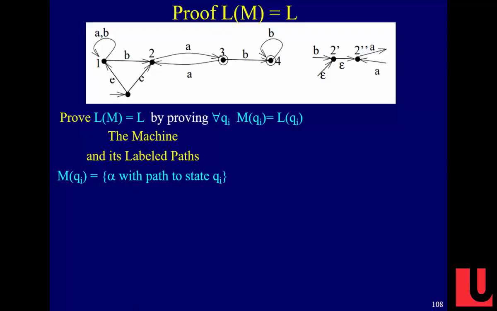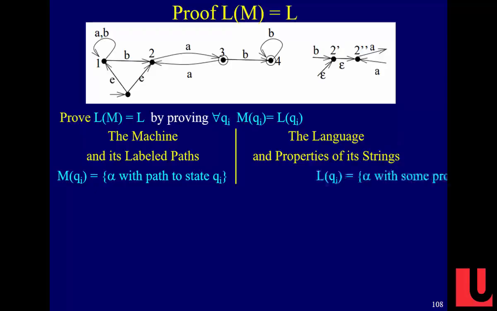Right? Everybody got that? And over here we're talking about languages and properties. So for each state Q_i, we're going to talk about some set of strings with some property. All right? And our goal is to prove that for each state, these two sets are the same.